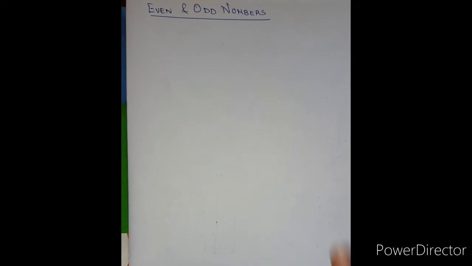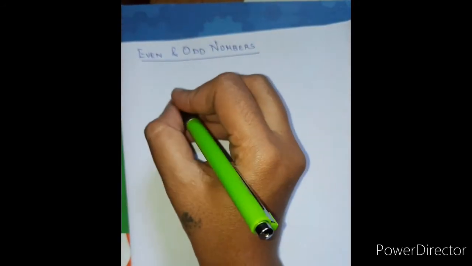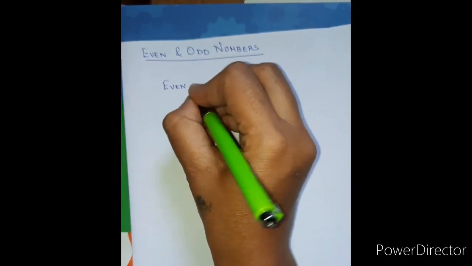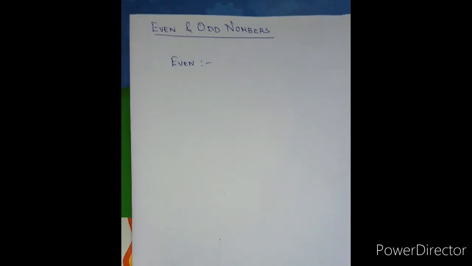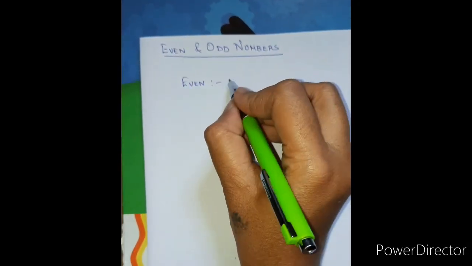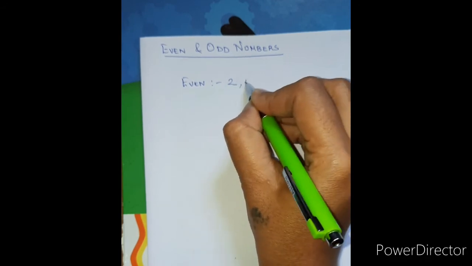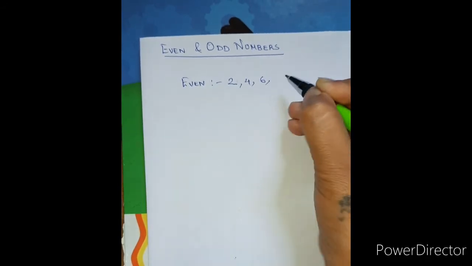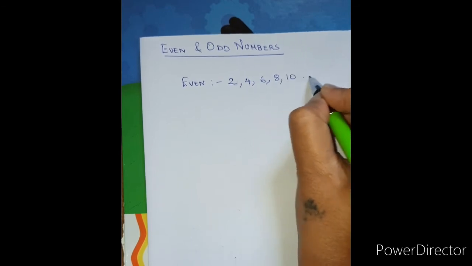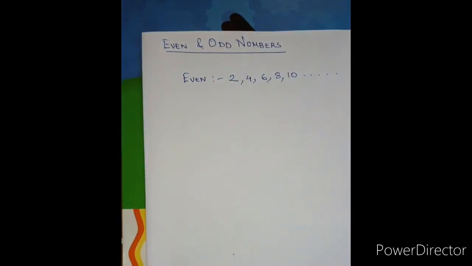Let's list them down. Even numbers start from 2, 4, 6, all those numbers which come in the table of 2, 8, 10 and so on and on.